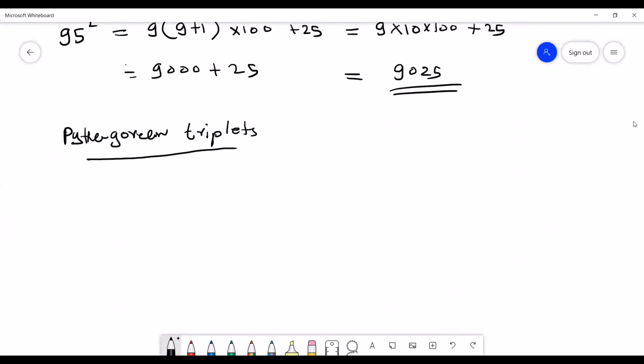What does this mean by Pythagorean triplets? The theorem says that for any natural number, what is a natural number? 1 to any other positive number, those are the natural numbers. For any natural number, suppose the natural number is m, provided that m is more than 1.